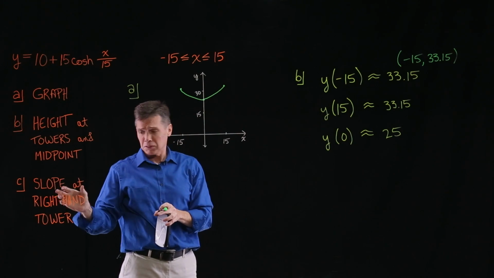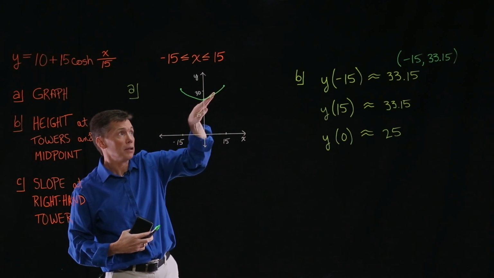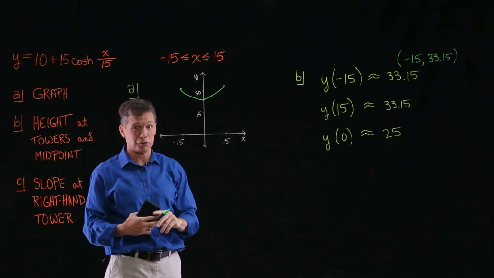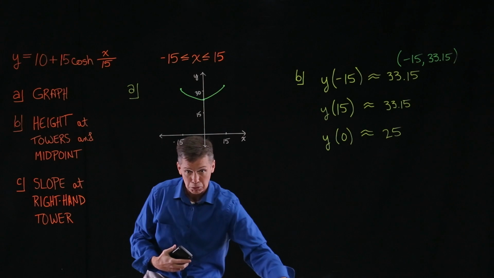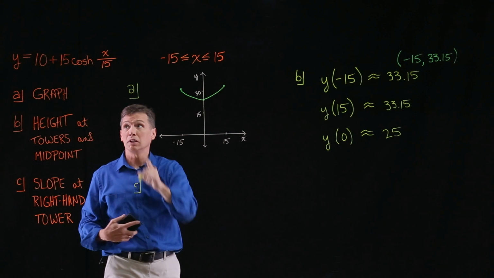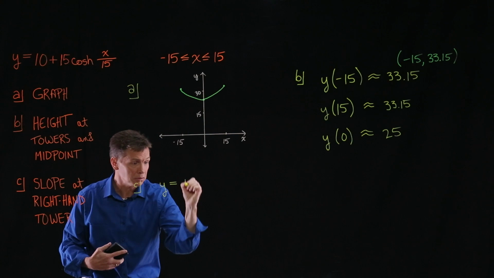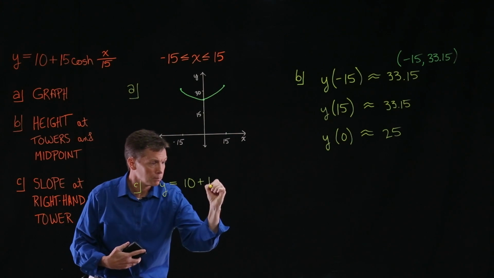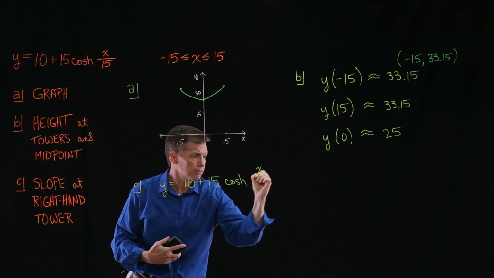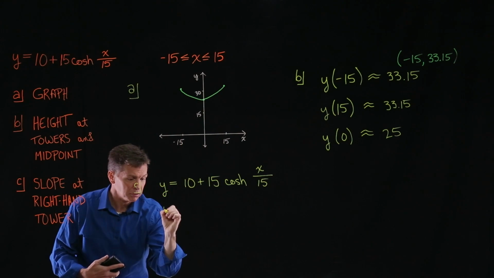Part C, they want us to find the slope of that cable at the right-hand tower. So right there. And the slope of our tangent line to a curve is, as always, the derivative. Right? So here's where a little bit of the calculus comes in for part C. What I need to do is take my y equals, I'll rewrite it just so it's more convenient for me down here. And as I mentioned, the calculus is we just need to differentiate.